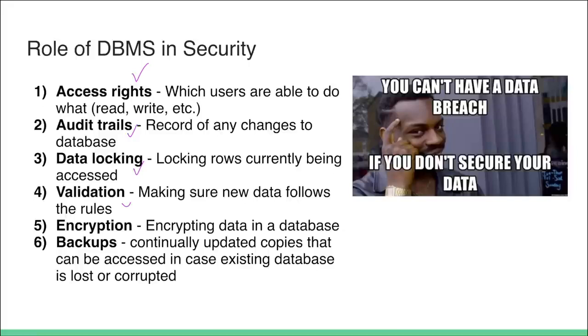And again, this isn't necessarily security from a hacker, but just making sure that data is in the correct format. We can have encryption, which is encrypting data in a database. And then we can have backups so that if something goes wrong with the database or someone makes a change that they're not supposed to, we have an intact copy that we can load up and use in place of the corrupted database.